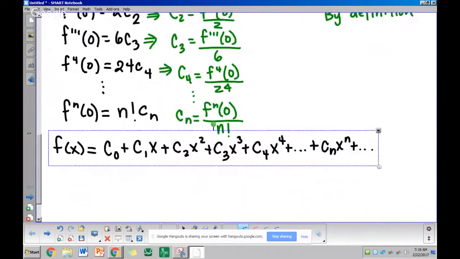So I can say then that f of x is equal to, well, what was c sub 0?